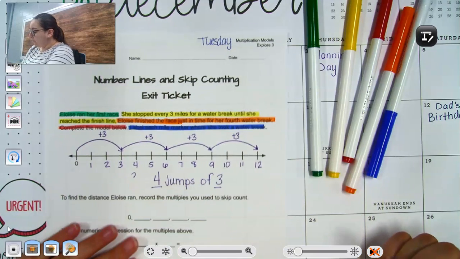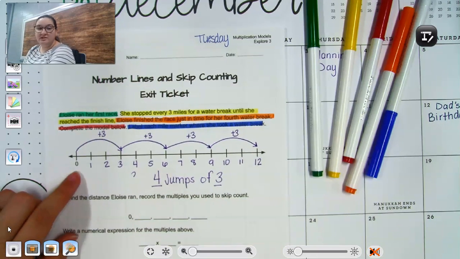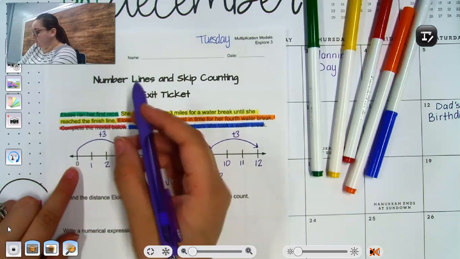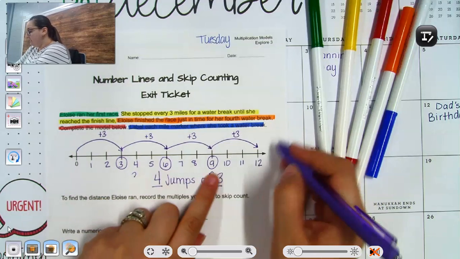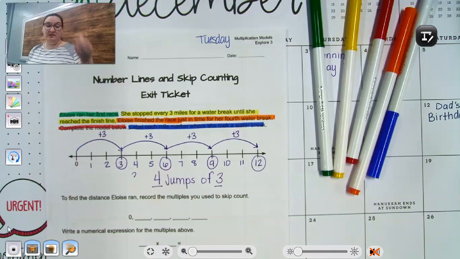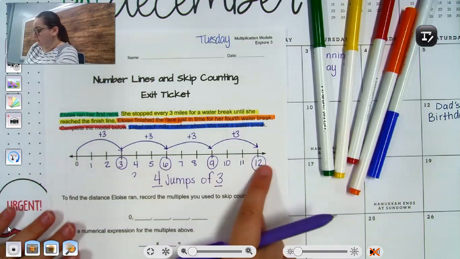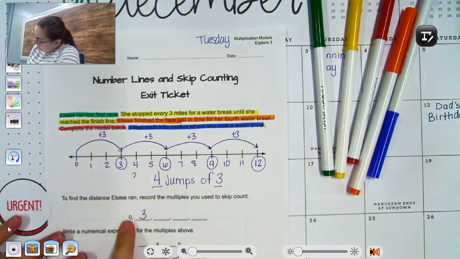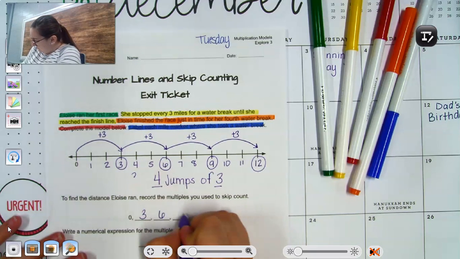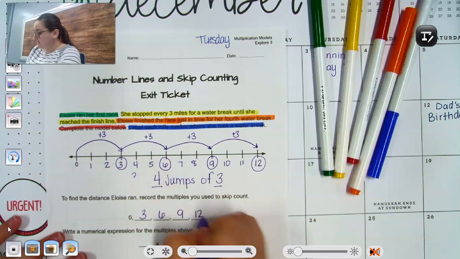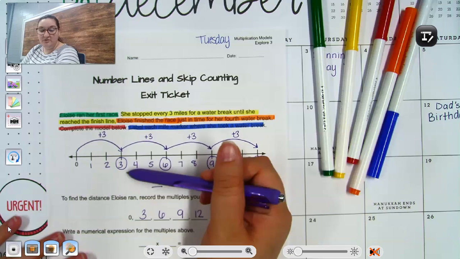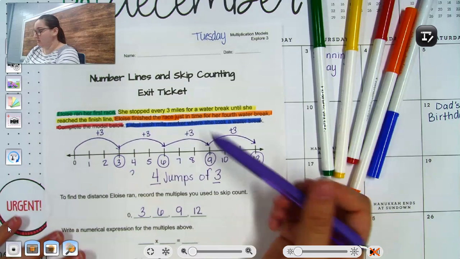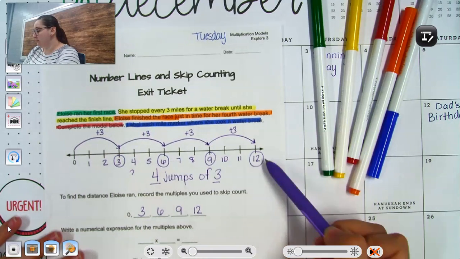So let's go back and see where we stopped. We had 0, we had 3, 6, 9, and 12. That's our skip counting. If I wanted to count by threes, I would say 0, 3, 6, 9, 12. All I did, guys, is every time I stopped, I circled that, and those are my skip counting: 3, 6, 9, 12.